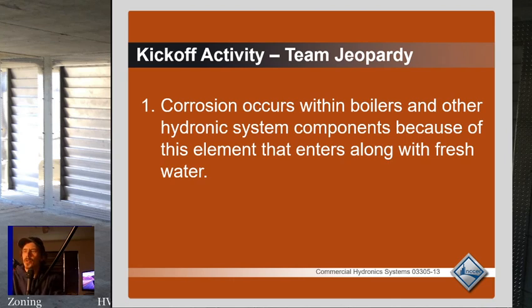A lot of the times we're using steel. Well, how can you use steel for a boiler system, right? It'll rust. Well, the idea is that once you bleed all the air out, you get all the oxygen out, there's no free oxygen in there to corrode the system.